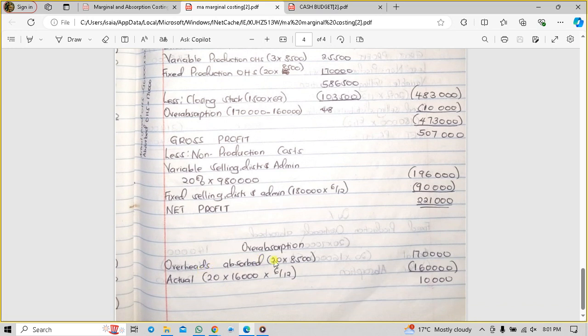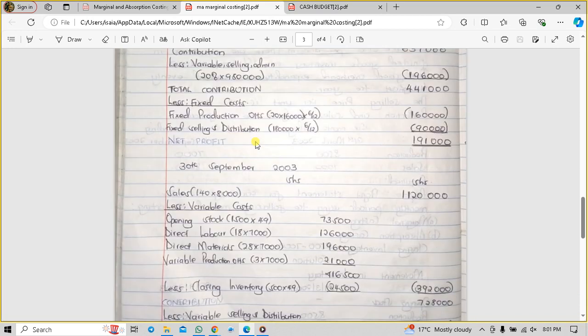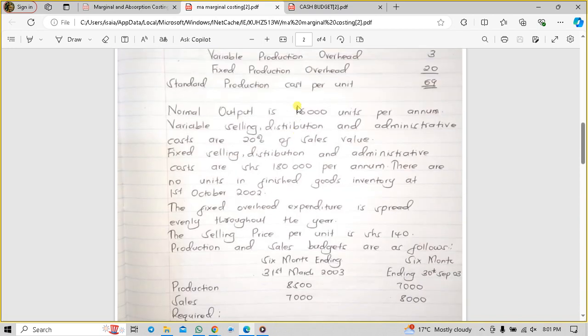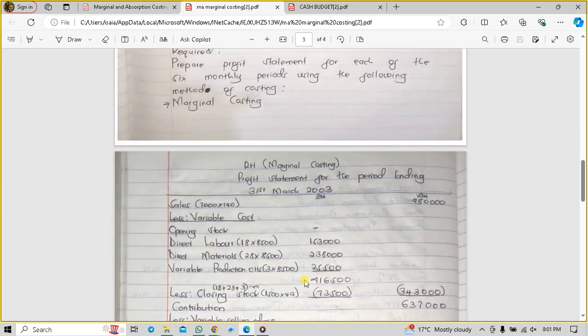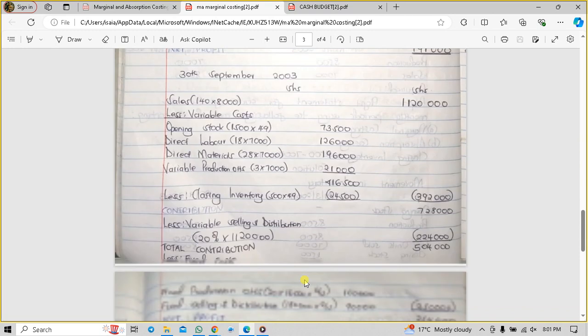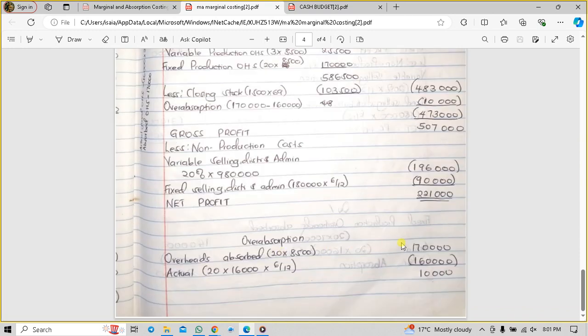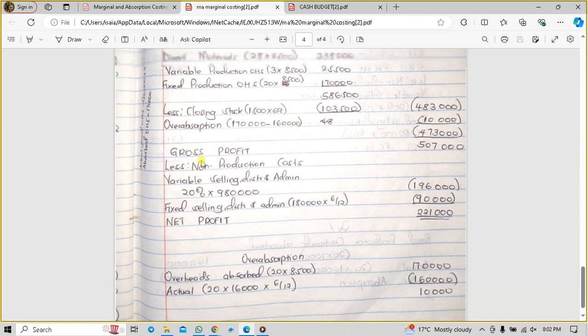When we take the 20 for the fixed production overheads, 20 times 8,500, you get 170,000. Then you take the actual production overheads.